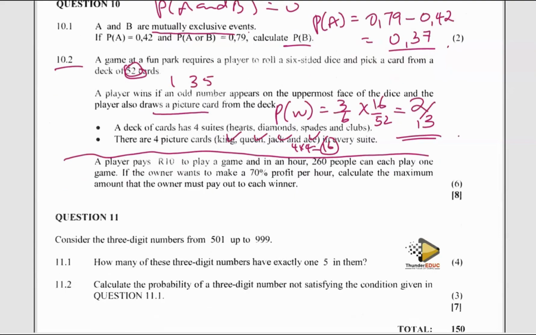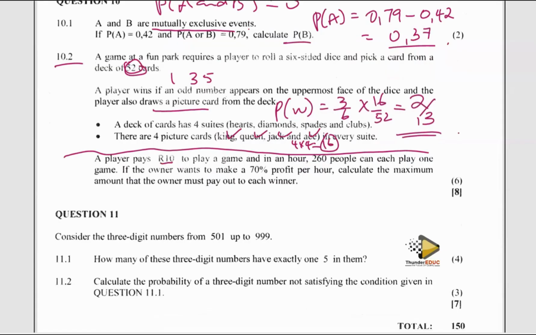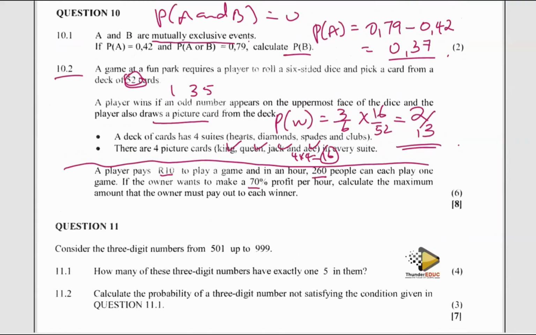Okay. Then they're telling us that a player pays 10 rands to play the game, and in an hour, 260 people can each play. If the owner wants a 70% profit, I get the maximum amount that the owner must pay out to each winner. So it's more like a lotto, whereby if people win, they must share the amount that was won.